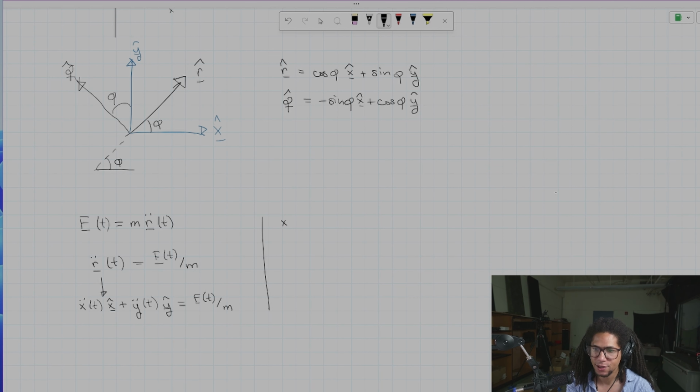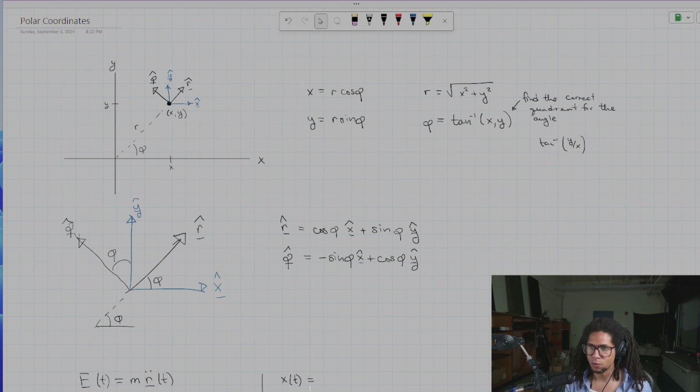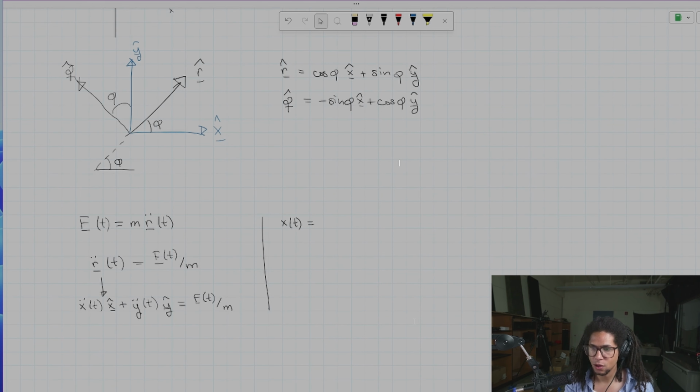So if I have x, which is a function of t, because again, now I'm talking about the x coordinate of the trajectory, well, as above, I can just rewrite that using this. So the trajectory could also be expressed as some function r of t times cosine of phi of t. Okay, that also allows me to say what x dot is. So x dot of t will equal, I'll need to use the product rule and the chain rule here.